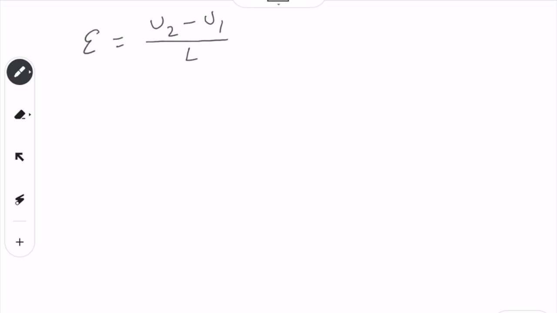And that really means you can write it as 1 over L, and then minus 1, 1, and then you have the displacements U1 and U2, right?